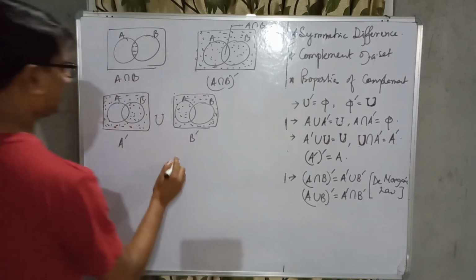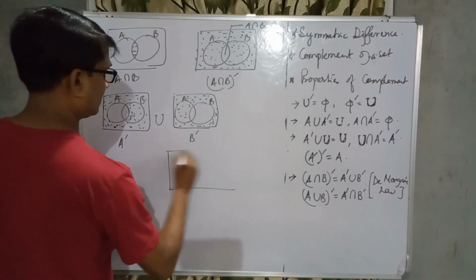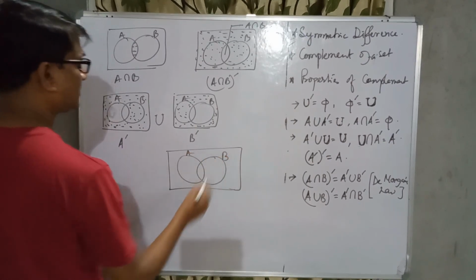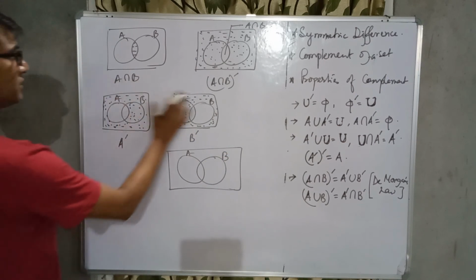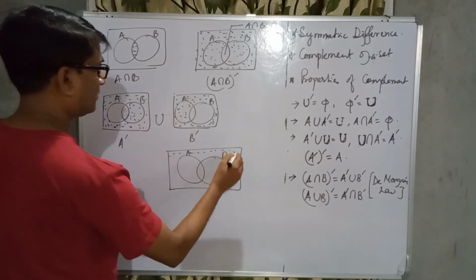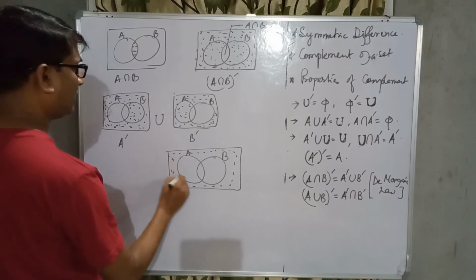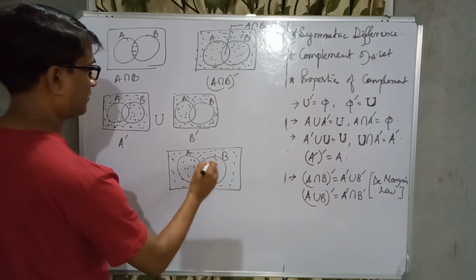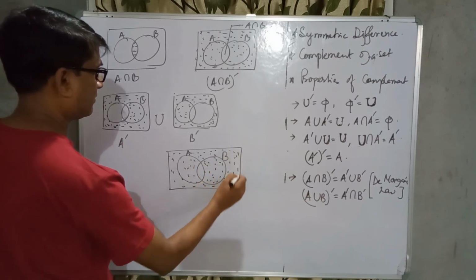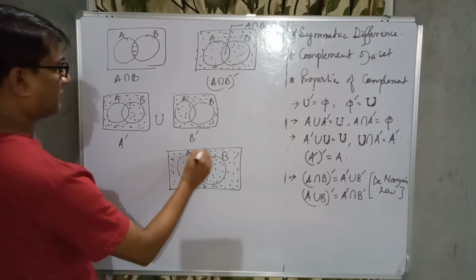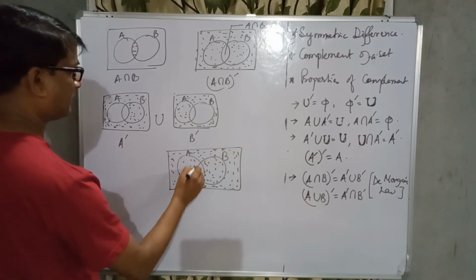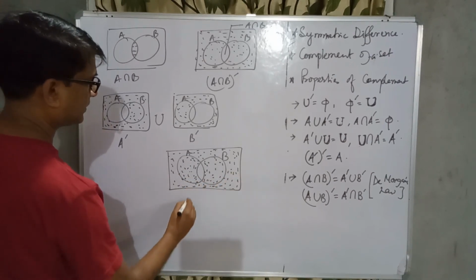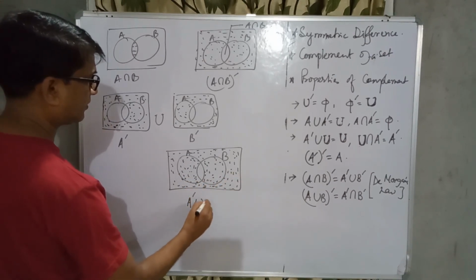Now if we take the union, what will we get? This is A, this is B. All the dotted shade, the complete dotted shade, we will get. So this is A complement union B complement.